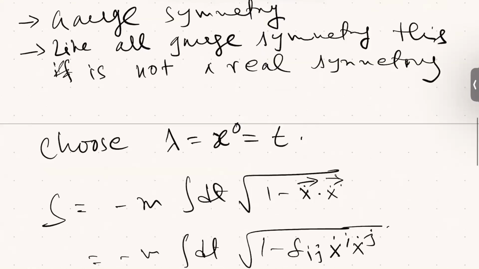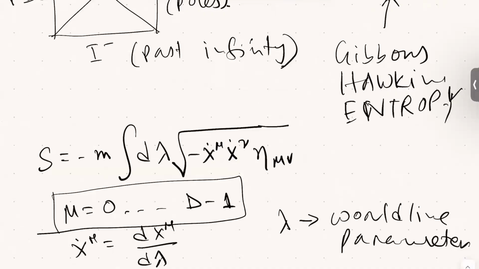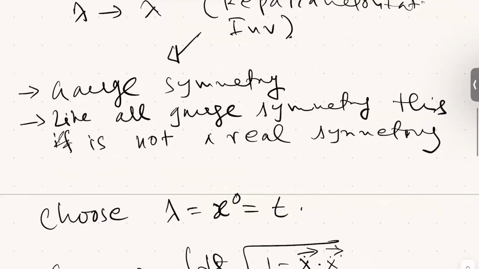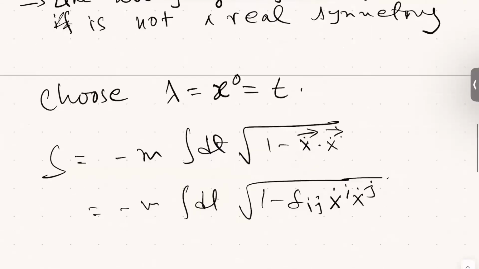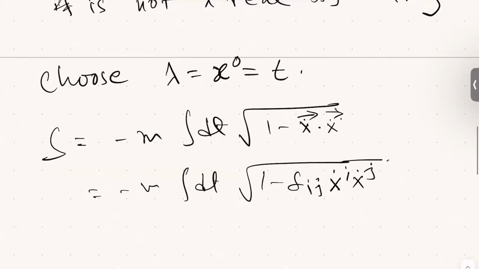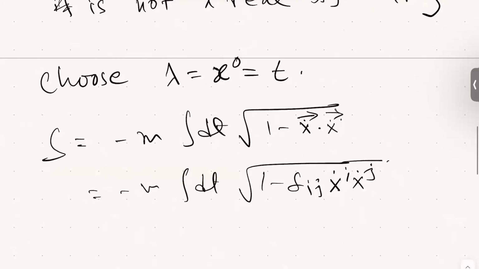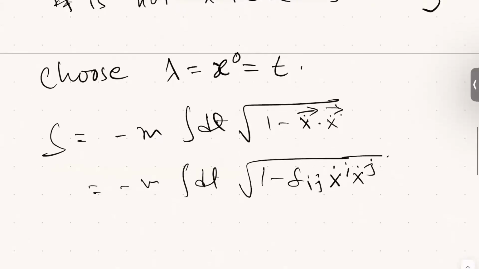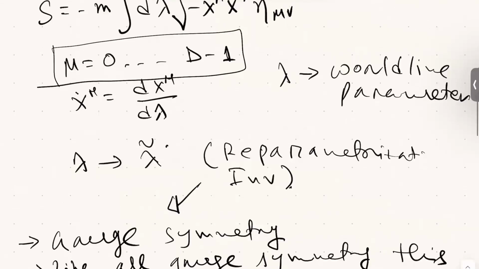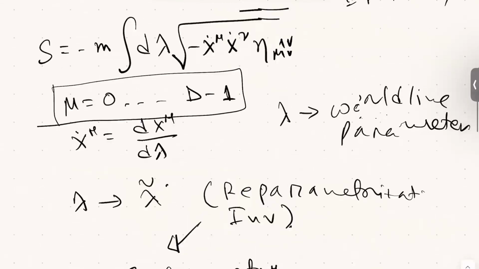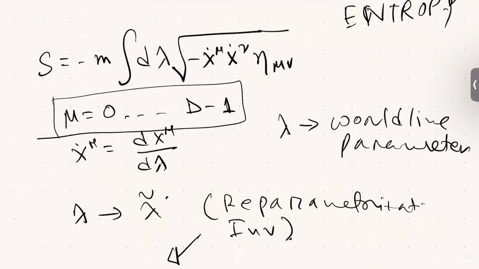So here, this action is Lorentz symmetric, right? But this one doesn't have any Lorentz symmetry anymore, because you chose a gauge which broke the Lorentz symmetry. The upshot is that not all the degrees of freedom of this action are real.